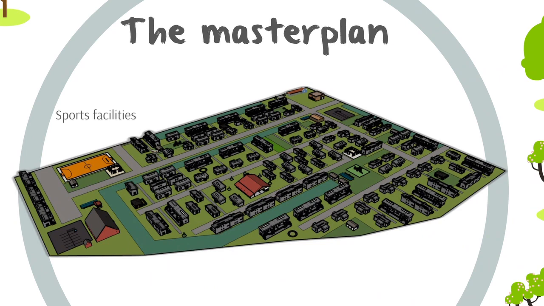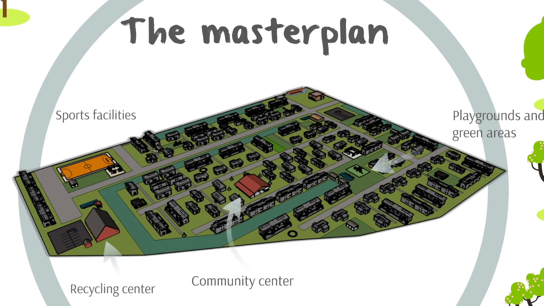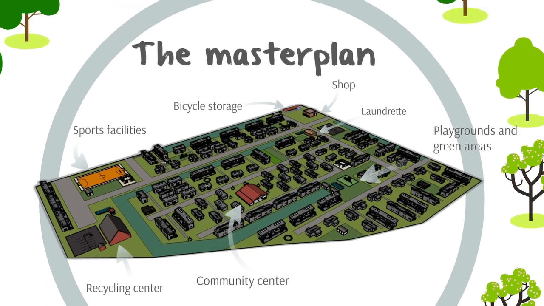We support sports facilities, a recycling center, playgrounds, a small shop and a laundrette, and bicycle storage. But most important, the people who live there should also be allowed to have an influence on the different things that make their life nice to live there.